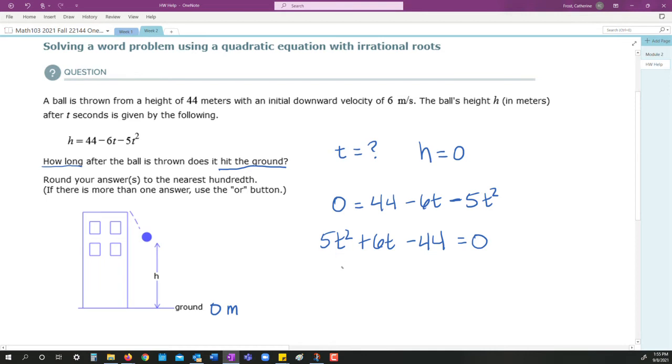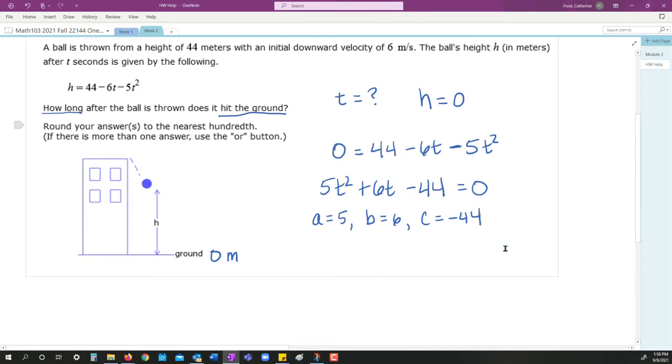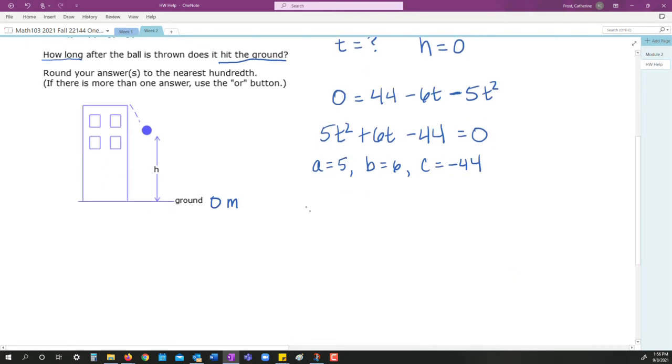We could try and factor this, but I don't want to. That 44, no. So let's use the quadratic formula. We need to work out that a is 5, b is 6, and c is -44, and then plug into the quadratic formula: t equals -b plus or minus square root b squared minus 4ac, all over 2a.